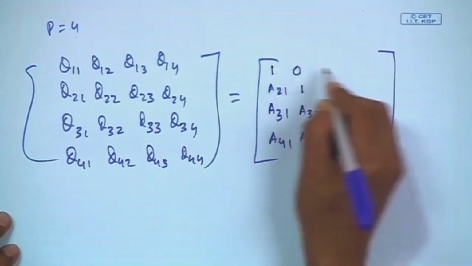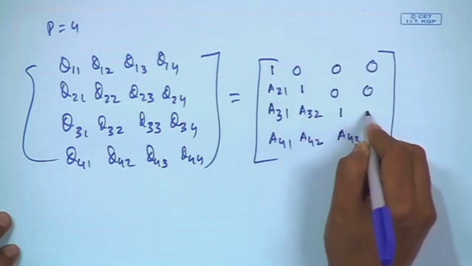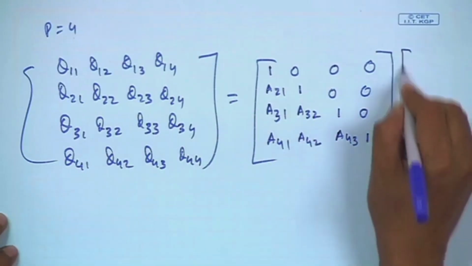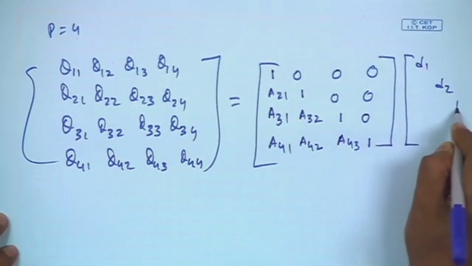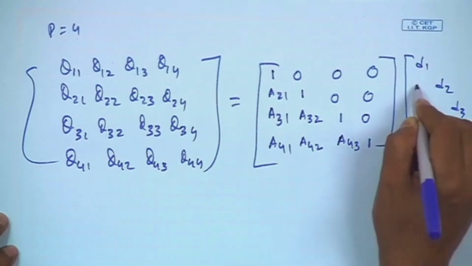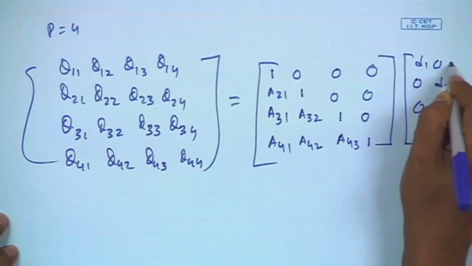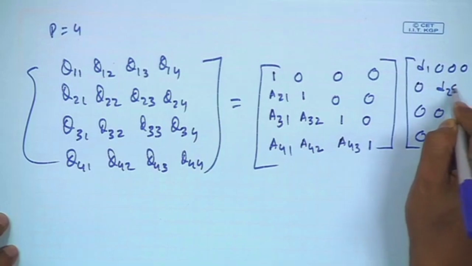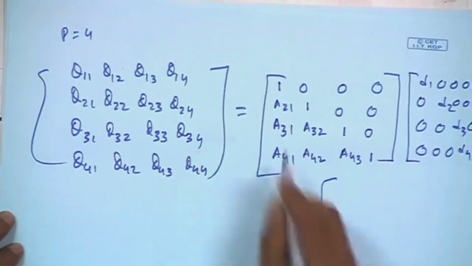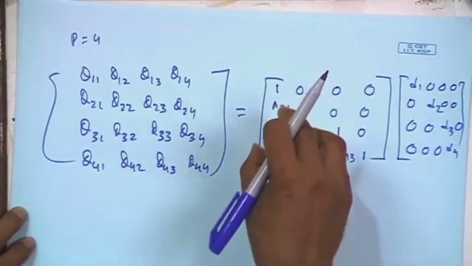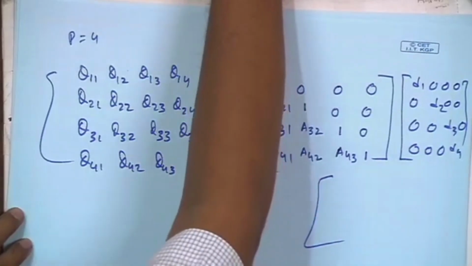The rest are 0. This is multiplied by the diagonal matrix with elements D 1, D 2, D 3, D 4 and the rest 0, and then A transpose. Since A is lower triangular, its transpose is an upper triangular matrix.